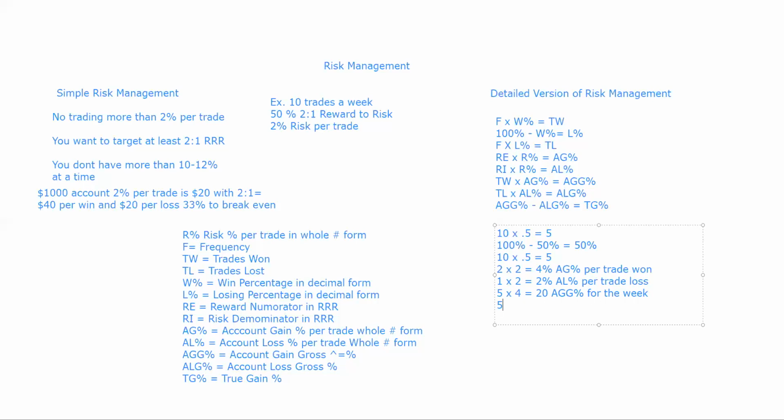So you had 5 losing trades, times your account loss per trade, which would be 2. That's going to equal 10.